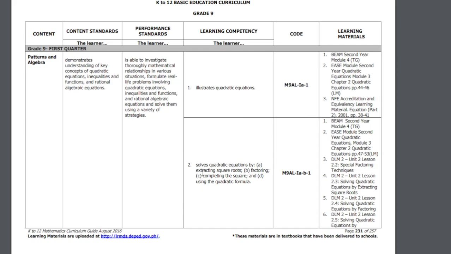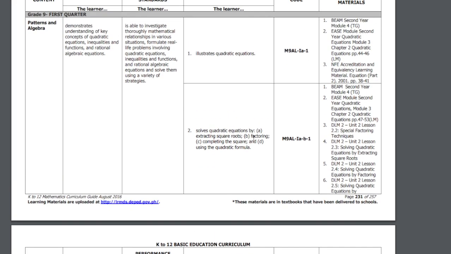Okay, second one. We're going to have to solve quadratic equations. Of course, we're always going to have to solve. If we learn something new, we are going to solve it, mostly by illustrations, by word problems, and so on and so forth. Now we are going to extract the square roots, factoring, completing the square, and using the quadratic formula.